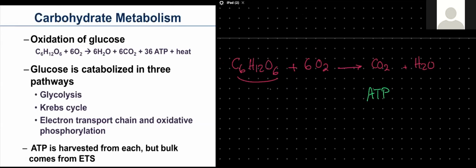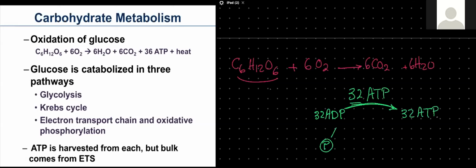And this is going to result in the production of 6 carbon dioxide, 6 water, and around 32 ATPs. In other words, you transformed 32 ADP, attaching each one of them to another inorganic phosphate. This results in the formation of 32 ATP.